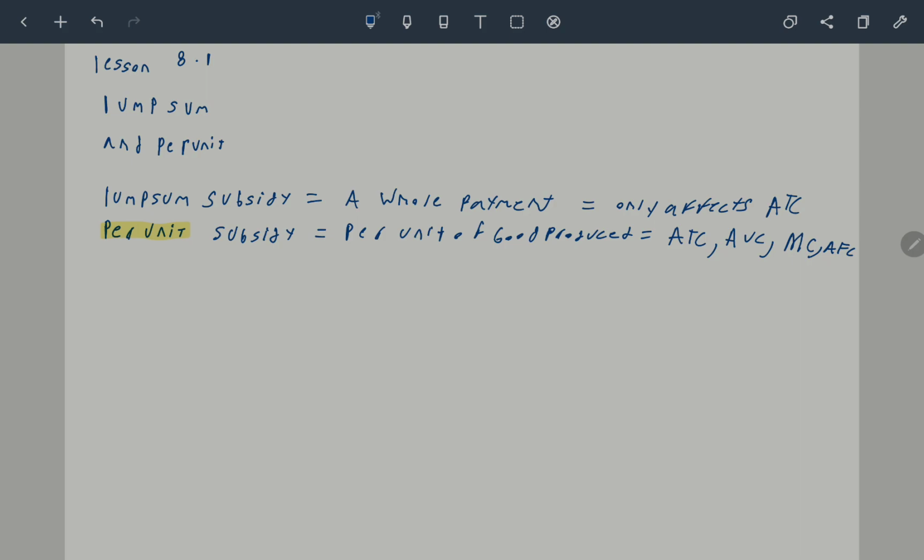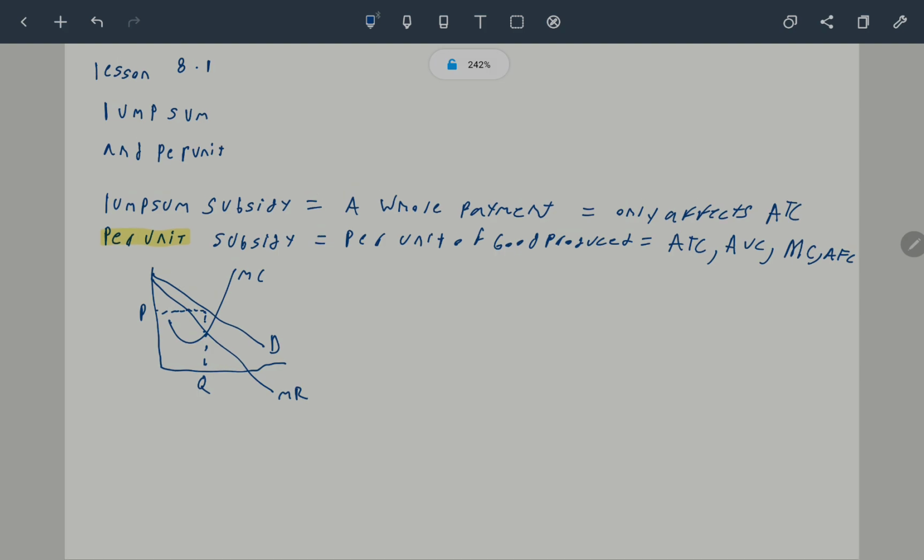All right. We can see an example of this in a monopoly. I draw a monopoly. I do my MR, my marginal revenue, and my demand. Then I have my marginal cost curve, and my profit maximizing quantity and price.